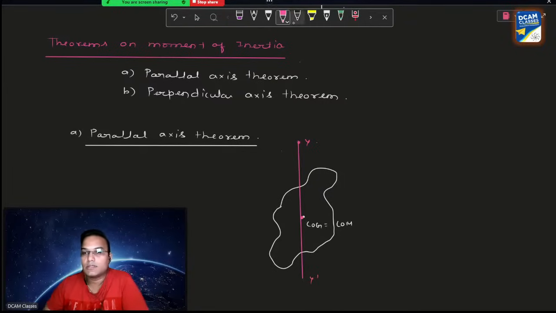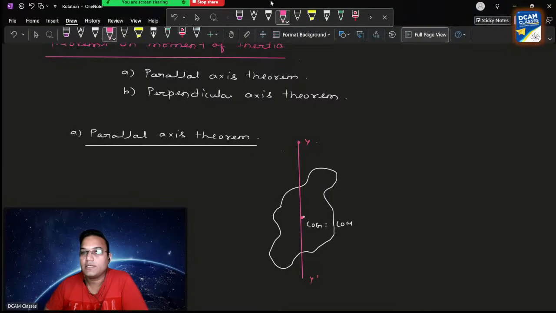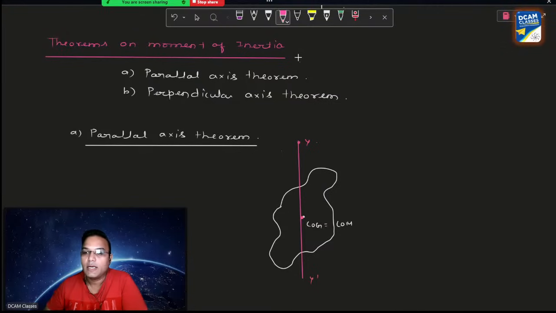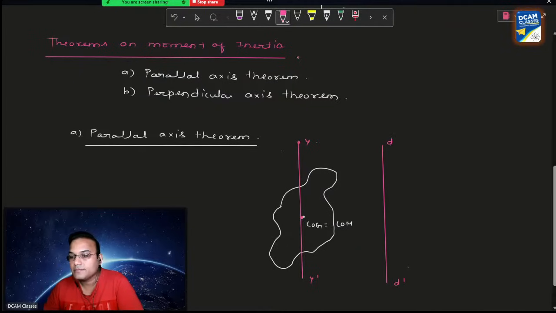Now, suppose in a question they have asked you to find the moment of inertia of the body about some axis DD dash, which is parallel to the axis YY dash passing through the center of gravity. IYY dash is given to us, you have to find the moment of inertia of the body about DD dash.